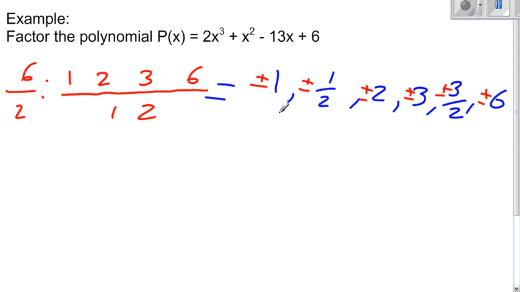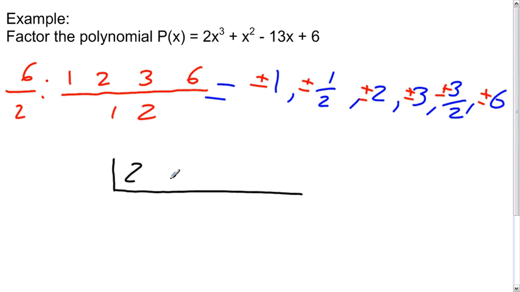So to figure out which ones actually are roots or zeros, you can either plug them in and see if you get 0, or you can do synthetic division. So let's go ahead and do synthetic division. 2, 1, negative 13, and 6. Let's just start with 1, because 1's the easiest in my opinion.